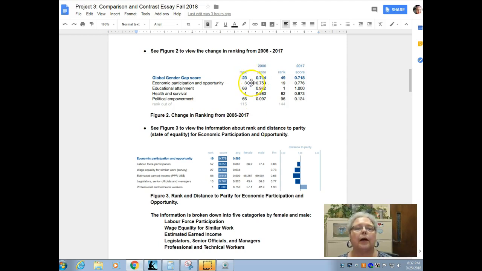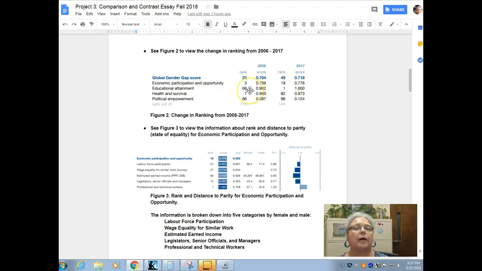All right, so here we have in 2006, this was the ranking. We were 3rd in economic participation and opportunity, and in 2017 we went down to 19.